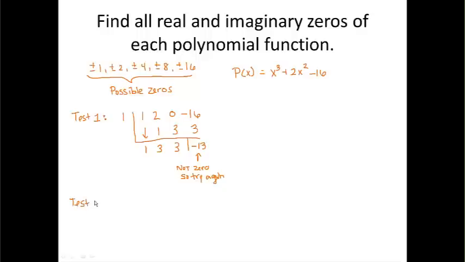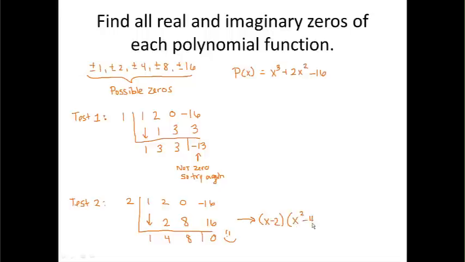If I test the possible zero of 2, in this particular case, I get a remainder of 0. And if I get a remainder of 0, then that tells me that x minus that number I put out front, so x minus 2, is a factor. And based on what I'm left with, I have x squared plus 4x plus 8.